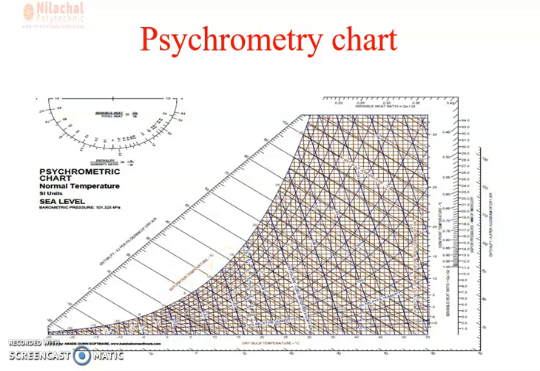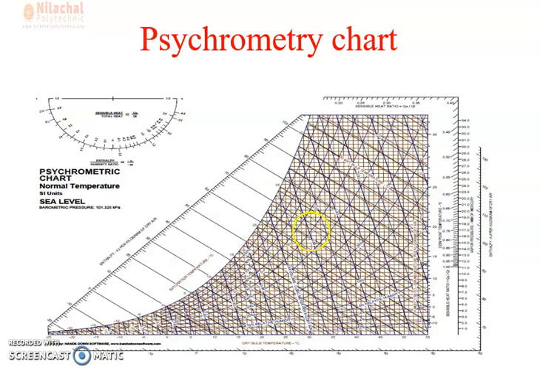Now the saturation curve is drawn by plotting various thermodynamic points at the corresponding dry bulb temperature. The saturation curve represents 100% relative humidity at various dry bulb temperatures. It also represents the wet bulb and the dew point temperature.